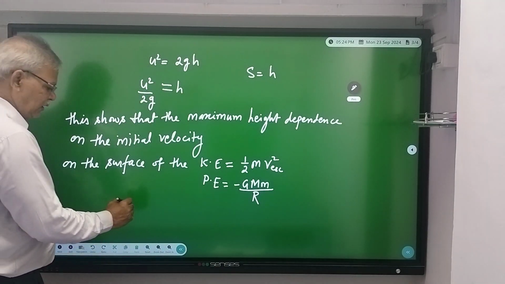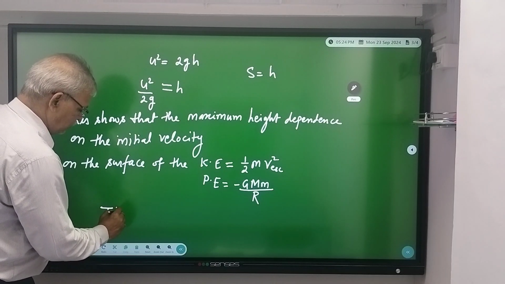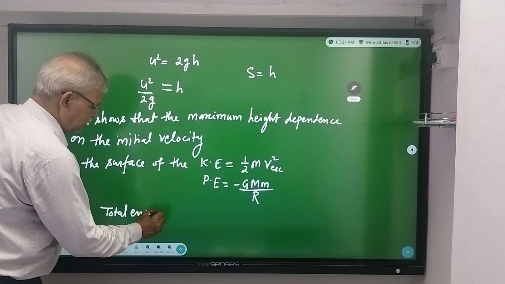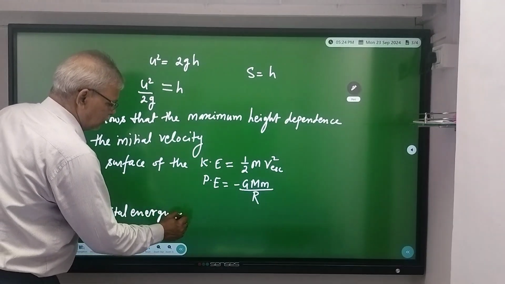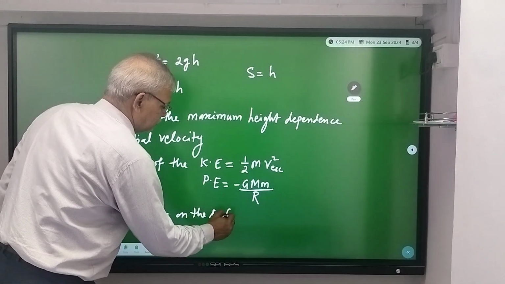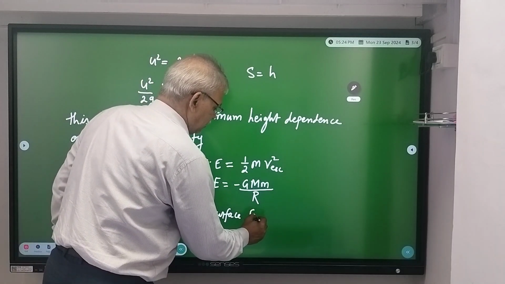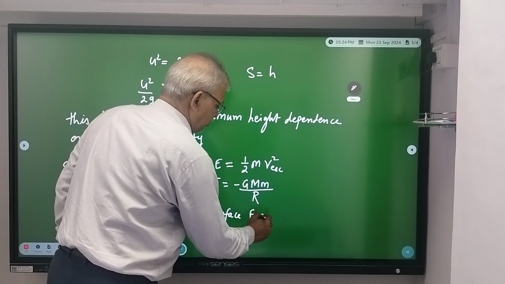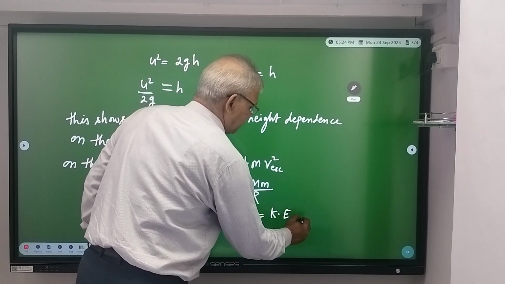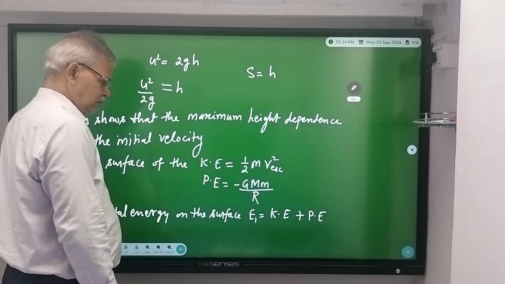Therefore, the total energy on the surface, suppose it is E1, is equal to kinetic energy on the surface plus potential energy on the surface. Okay?